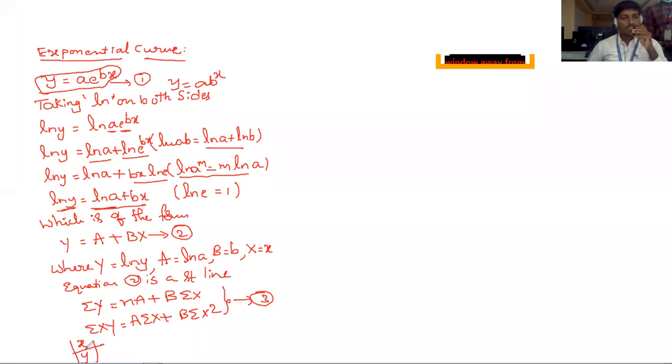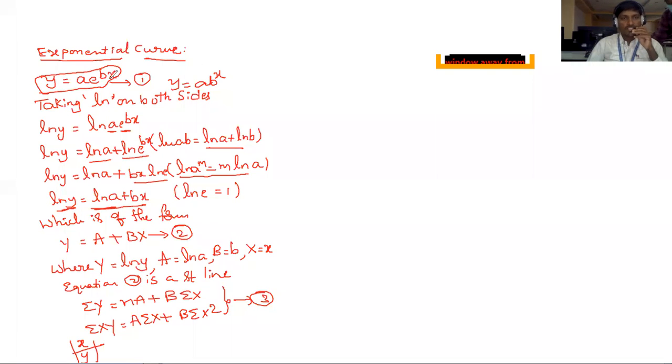If they mention capital X and capital Y also, just treat them as small x and small y. By using the data, we need to calculate capital X and capital Y.